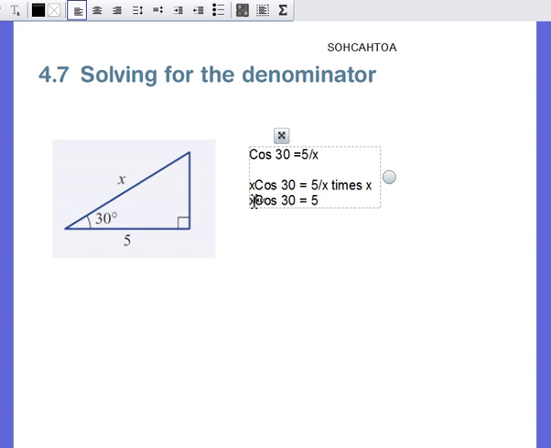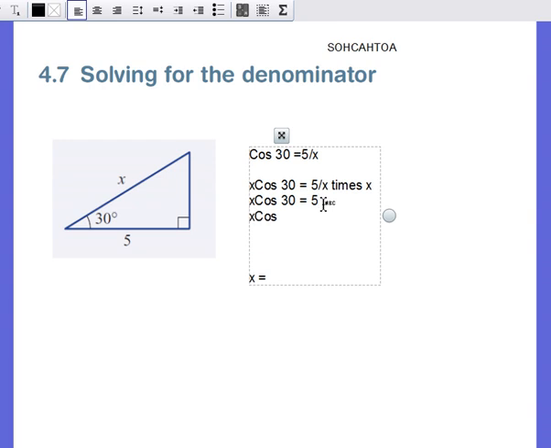Now at the end of this process, we want something that says x is equal to, don't we? So at the moment I've got x times cos 30 is equal to 5. To get from x times cos 30 down to x equals, I have to get rid of this times cos 30. So again, the opposite of timesing by cos 30 is dividing by cos 30. So I need to divide both sides of this equation by cos 30.